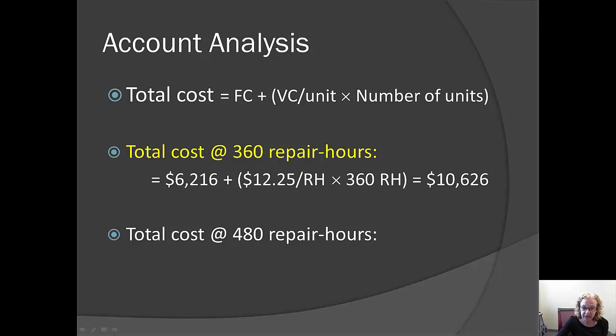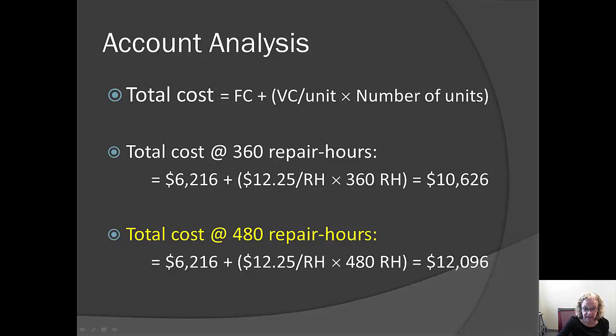Supposing that next period she thinks that her firm is going to be a lot busier. She estimates that next period she's likely to do 480 repair hours. All we have to do is substitute that number in our formula, and it tells us that at that level of activity, she should budget, she should expect a little over $12,000 of costs.